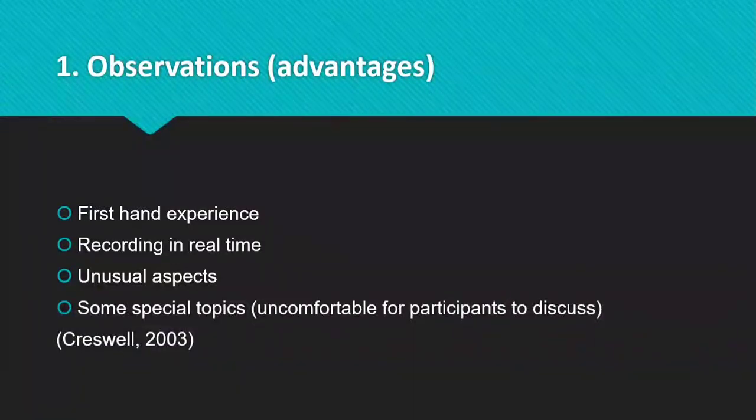Also, observation is a good option to collect data for some special topics which might be uncomfortable for participants to discuss. So we use observation to observe the things that happen.